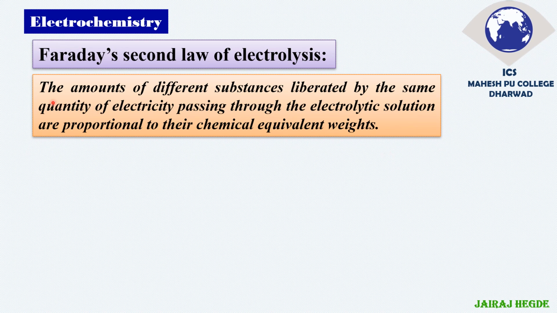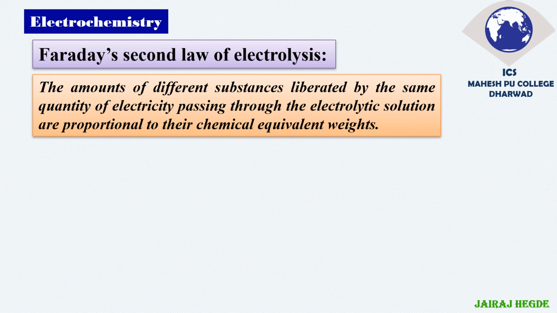Let us see it again. Let us take two electrodes, electrode A and electrode B, both cathodes. If I supply the same amount of electricity, the product obtained or the metal deposited would be in proportion to their equivalent masses or equivalent weights.